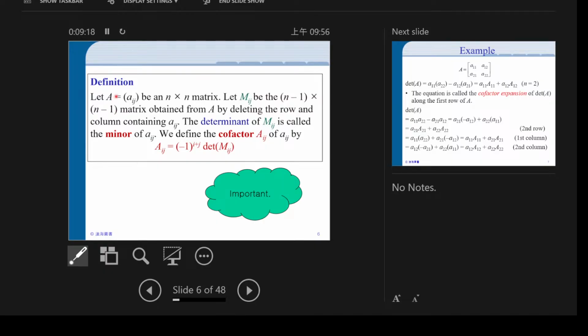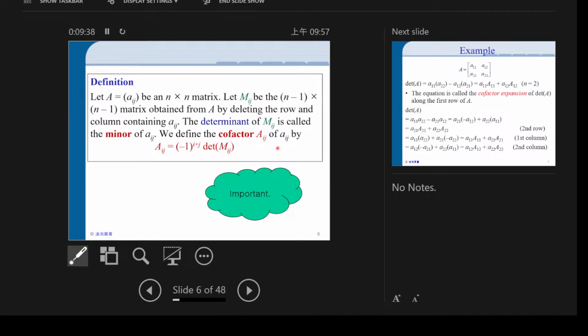So A is an n by n matrix, and Mij, as we say, is an n-1 by n-1 matrix that's obtained from A by deleting the row and column containing Aij. Okay. And the determinant of Mij is called the minor of Aij.